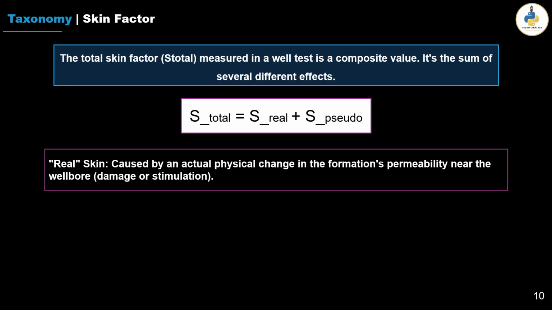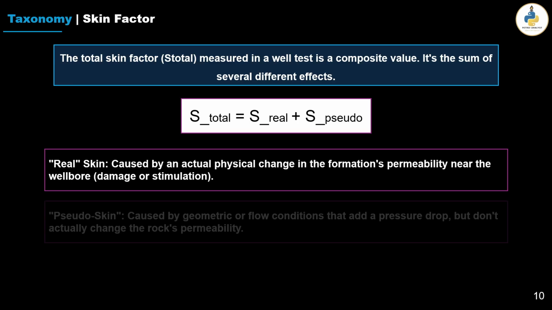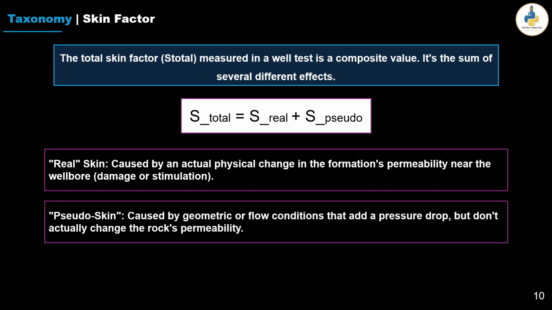So there is a physical change of the rock properties, which in our case is the permeability. But the pseudo-skin is caused by a change in the geometry between the reservoir and the well, or a change in the flow conditions, that can add pressure drop or can actually reduce the pressure drop in certain cases.